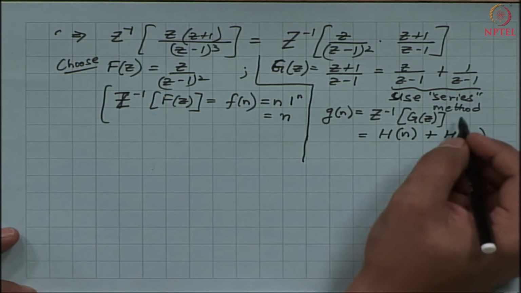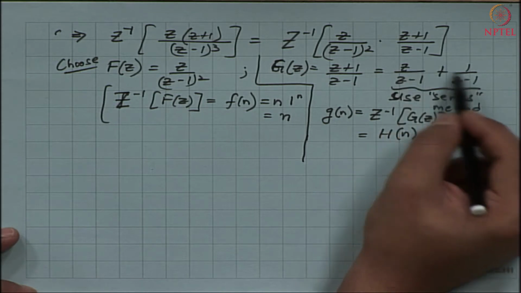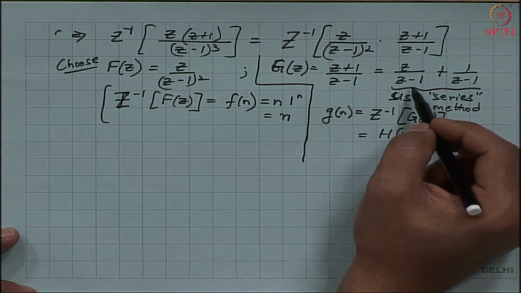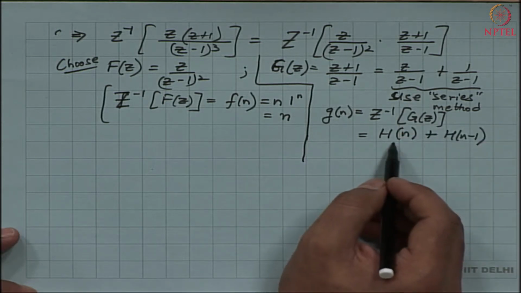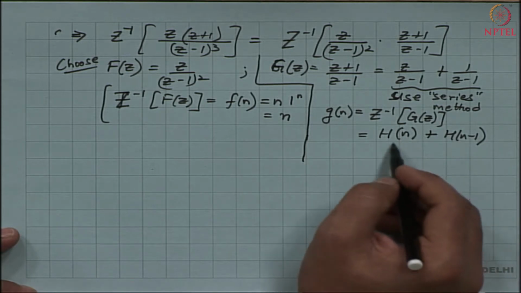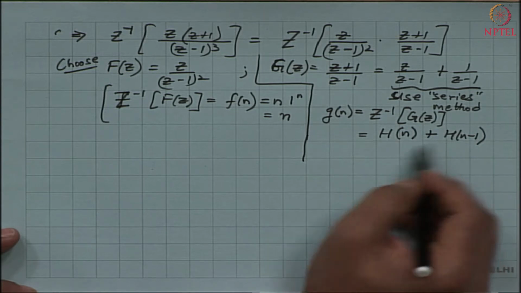Students are requested to see that once we expand these two in series, all they have to do is find the coefficient of z to the power negative n. Those coefficients turn out to be 1 only when the argument of the Heaviside function is satisfied. Hence the result.